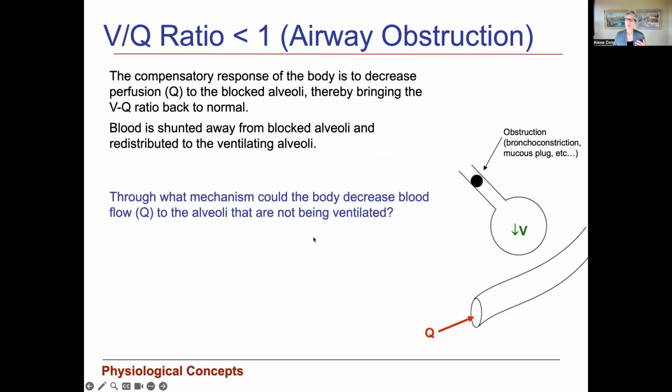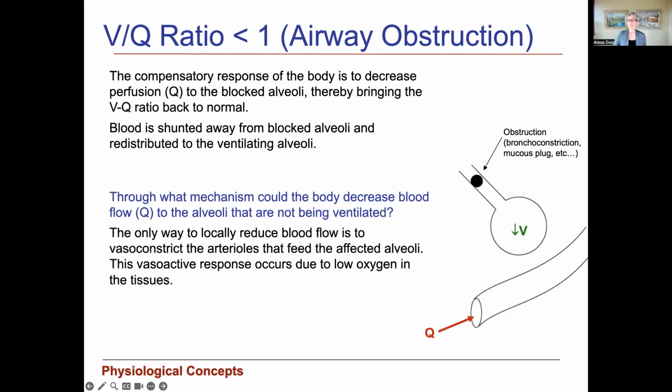So the question is, through what physiological mechanism could the body decrease blood flow to these alveoli? There's really only one mechanism that affects blood flow to the capillaries, and that is vasoconstriction and vasodilation. And so in this case, these alveolar cells are going to release a mediator that stimulates vasoconstriction.